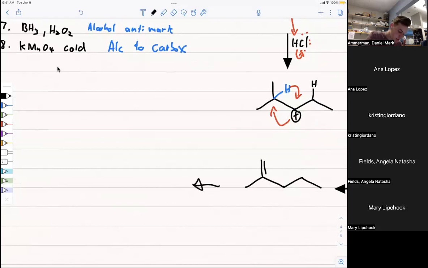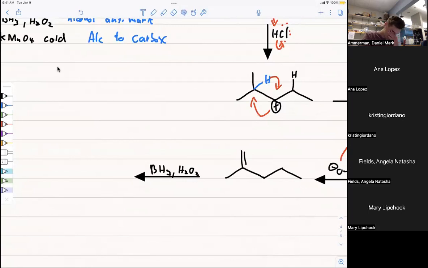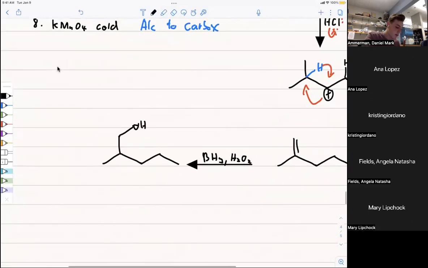So this is another one of the other additions that we had listed up top. It is just going to be the alcohol. It's just going to make our double bond into an alcohol, but on the anti-Markovnikov side. Don't have to do a mechanism for that, just straight to it.